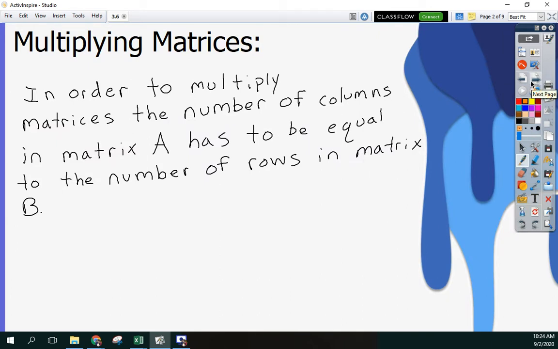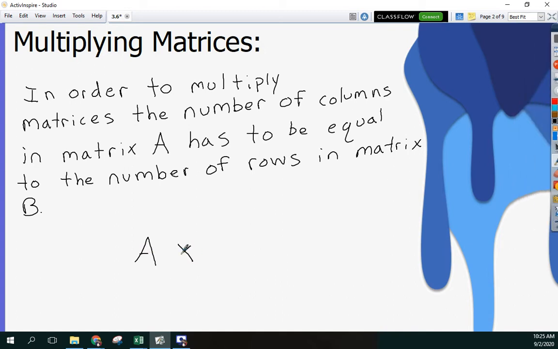So, in order to multiply two matrices, the number of columns in matrix A has to be equal to the number of rows in matrix B. What that's going to look like is if I have A times B, remember that we use capital letters to represent a matrix.